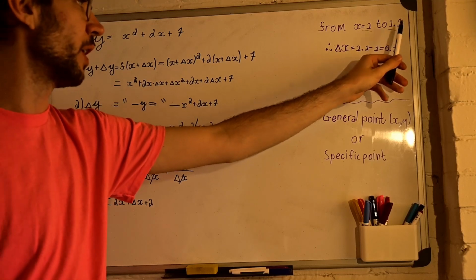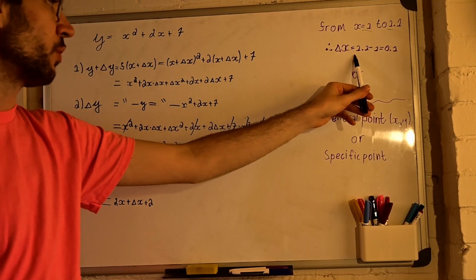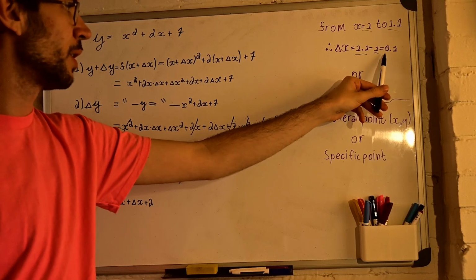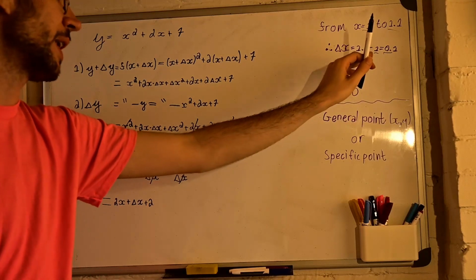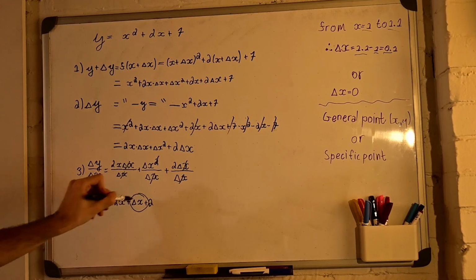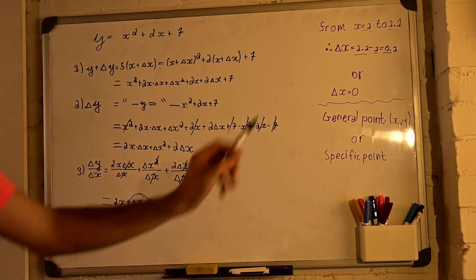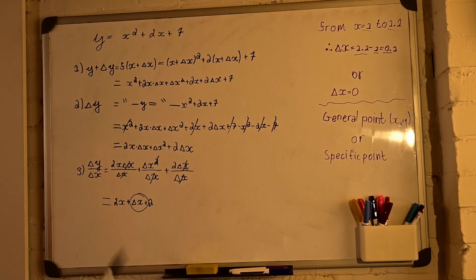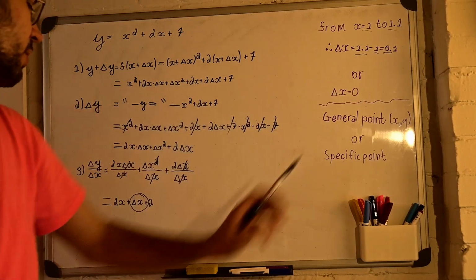So they gave us 1 and 1.1. So delta x is equal to 1.1 minus 1, which is equal to 0.1. So you find that, and you would plug in 0.1 for delta x. Wherever, in your equation it might look different, whatever it is, plug in the number you found for delta x.